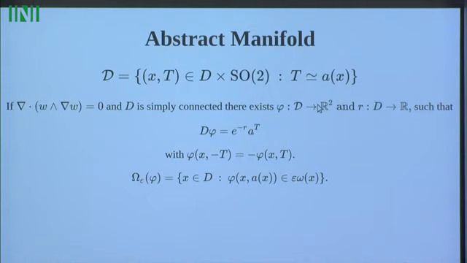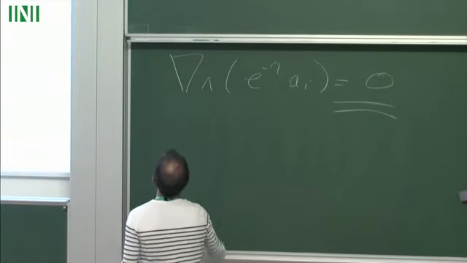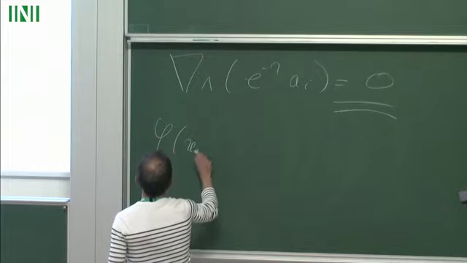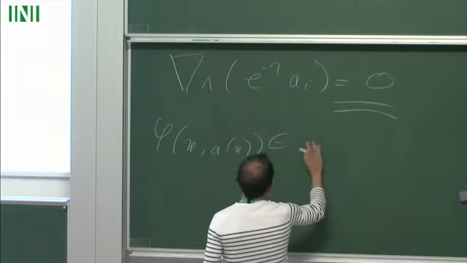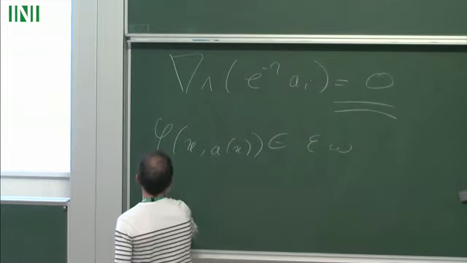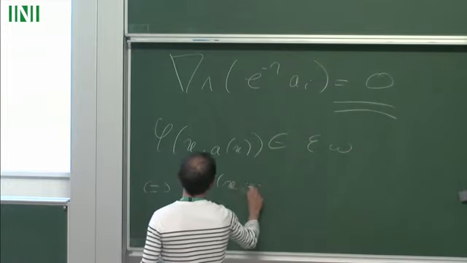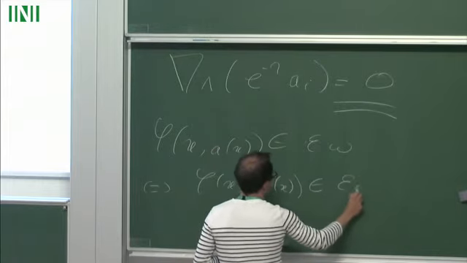What I say is simply here that if phi verifies this condition, phi(x, A of x) belongs to epsilon times omega, this is equivalent to phi(x, minus A of x) belonging to epsilon omega.